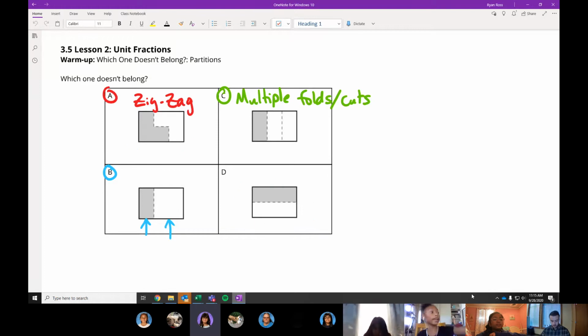No. No? So this spot on A, those two colored in areas, are those the same or are they different? Oh, they're the same. Yeah. And then what about C? Are each of those three pieces the same or are they different? They're different.